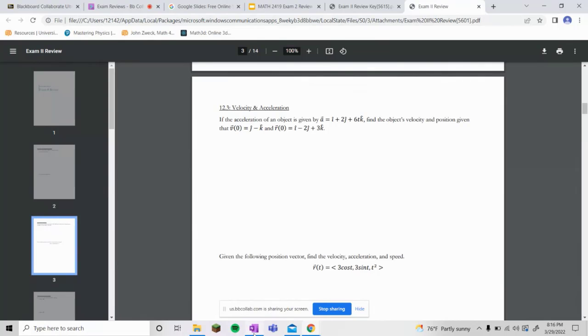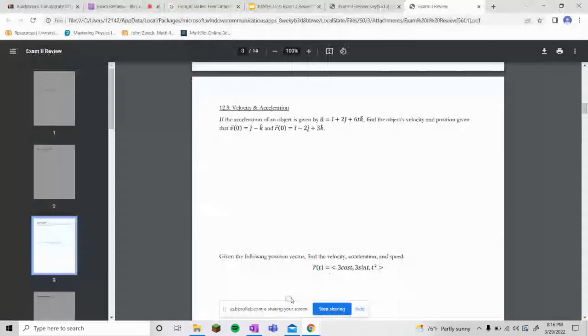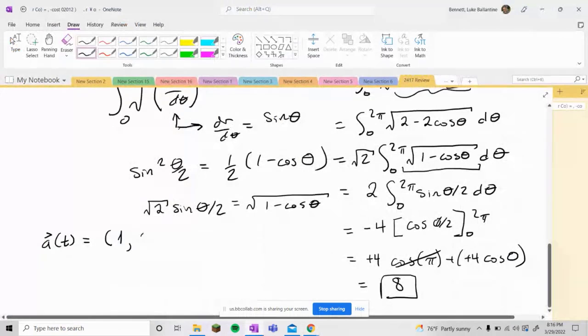So yeah, for this problem, we'll just do a of t, and it's a vector, is 1, 2, 6t, and then v of t is the integral of a of t dt.